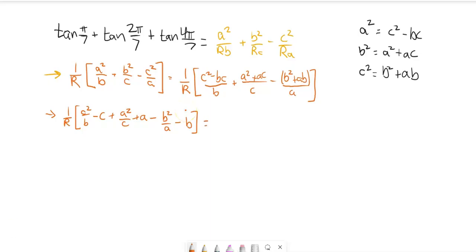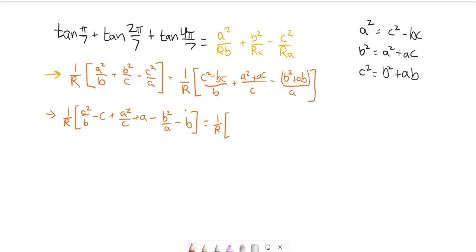Now again, for space and time constraints, I'm just going to show each of those ratios that have the squareds on top. I am going to rewrite them again with their associated Ptolemaic identities, but this time they will be factored.